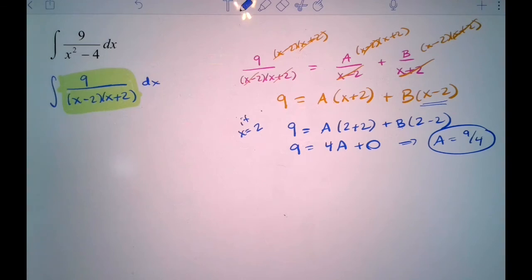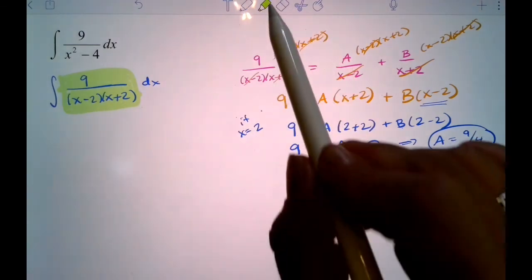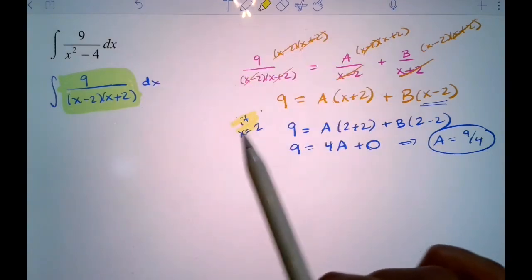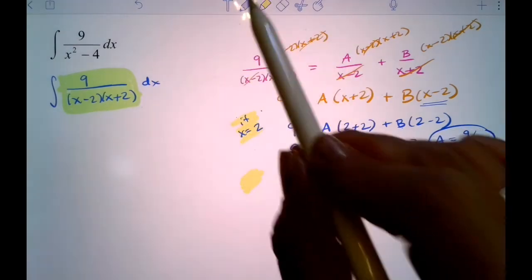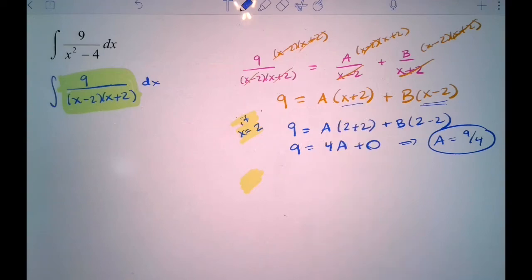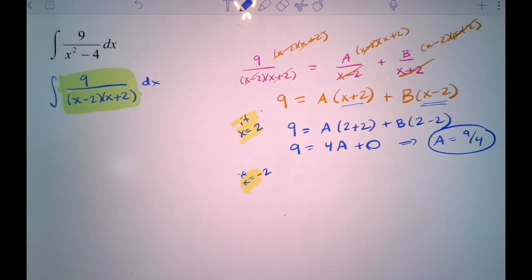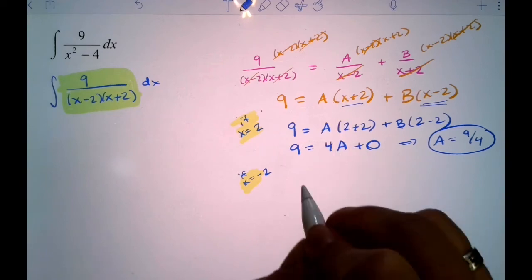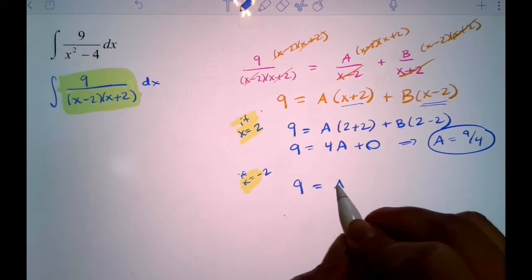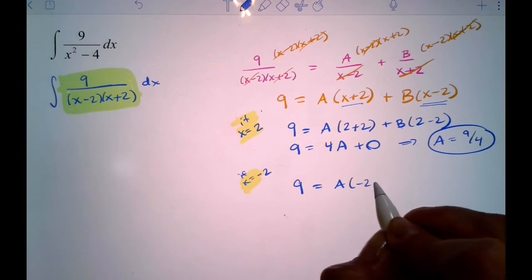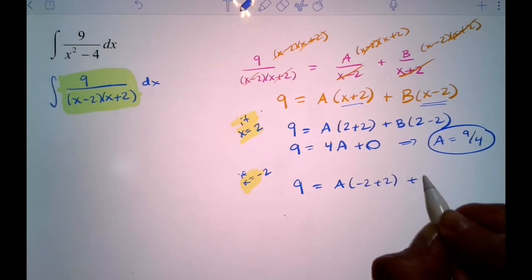You are also going to take a look at it and say, what else can I do to kind of imagine an x? And you're going to look at this one here and say, well, what if x were negative 2? That's going to make your first term go to 0. So give yourself some space. Anytime you see an x, you're going to replace it with a negative 2.